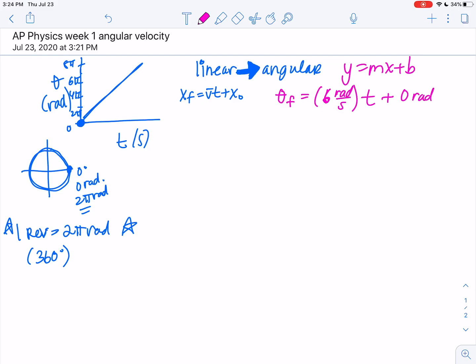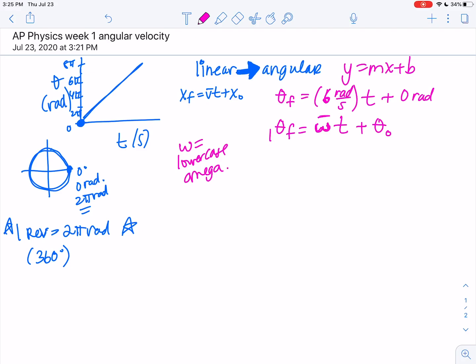Exactly like the linear, every angular has a corresponding linear that is literally exactly the same. In this case, this 6 radians per second is not telling us the linear velocity, it's telling us the angular velocity. That is a lowercase omega, looks like a W. And that again is going to be the average, same as before, times the t plus, you guessed it, theta naught, or the initial angle.